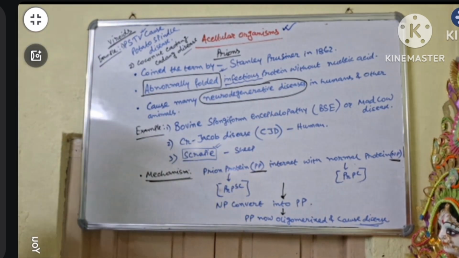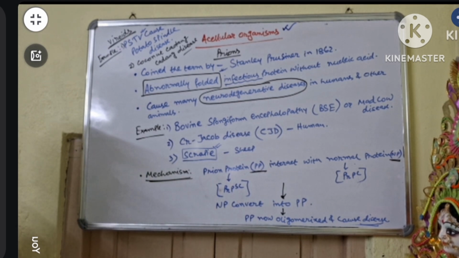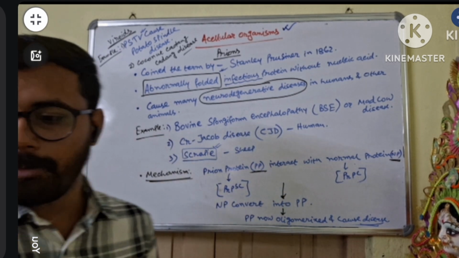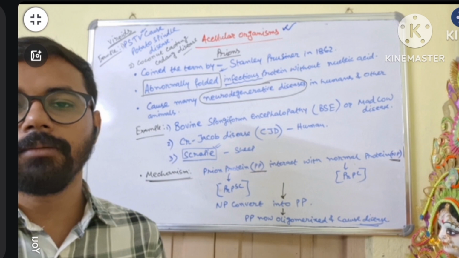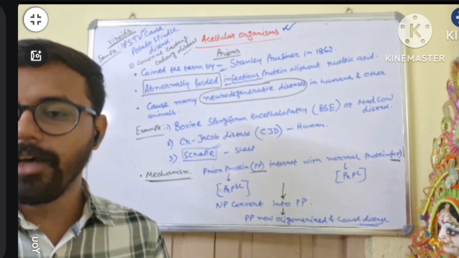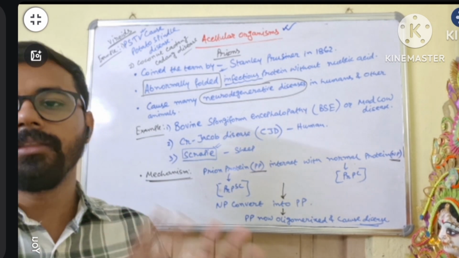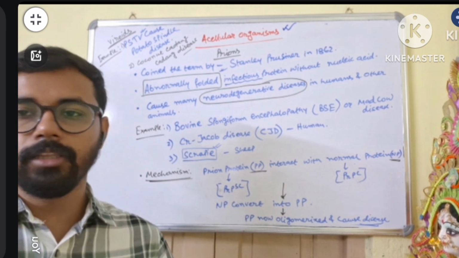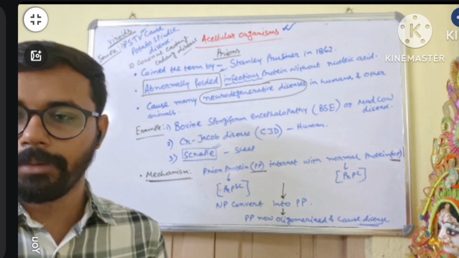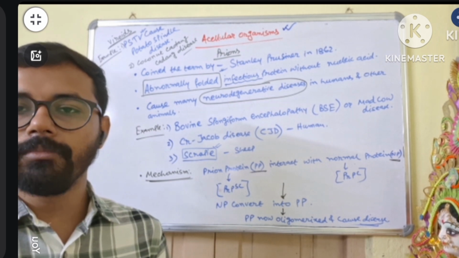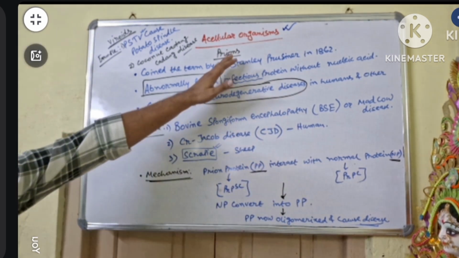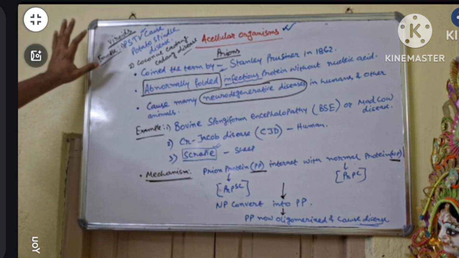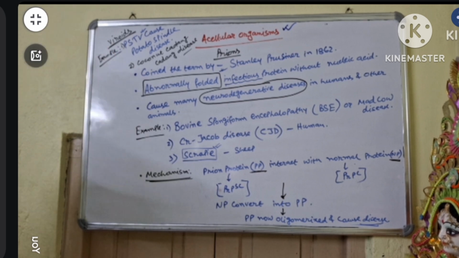So from the examples, it is clear that viroids cause plant-related problems. And prions cause animal and human related problems, because neurological problems are only present in animals and humans, mammals. So neurological disorders are created by prions, and plant-related problems are majorly created by viroids.